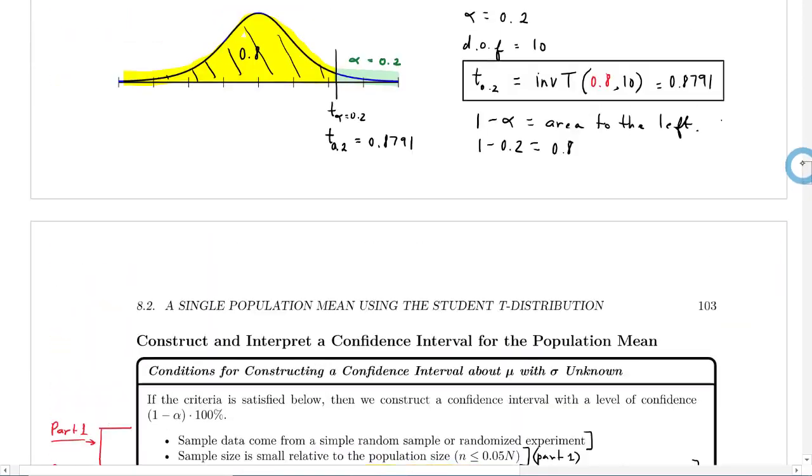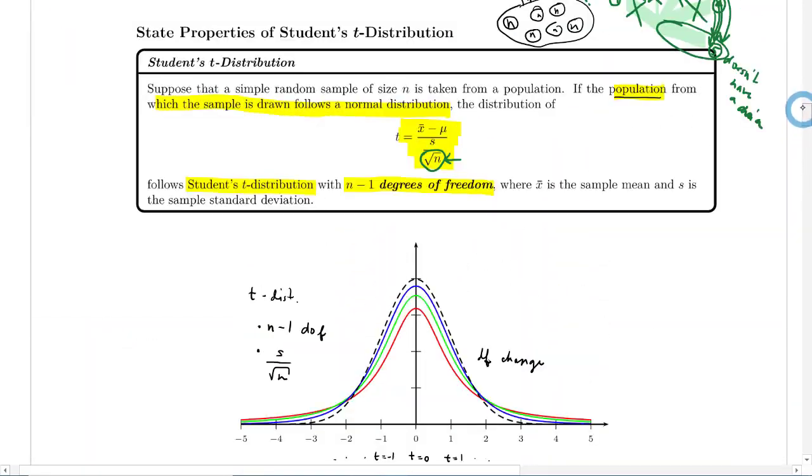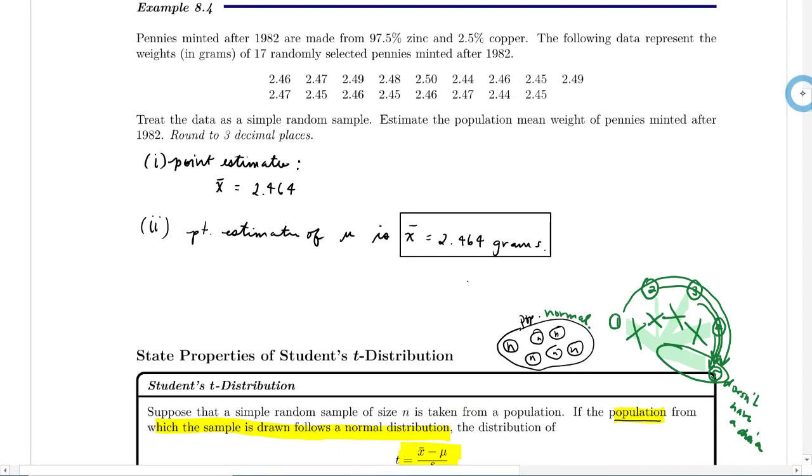If I went back to the penny example way up here, it was a simple random sample, but notice it didn't tell us anything about the population. We did get a point estimate, but that's about it. So I think we're going to have to test for normality. But here we are given this raw data, and if I count how many pieces of data, notice that I have 17.